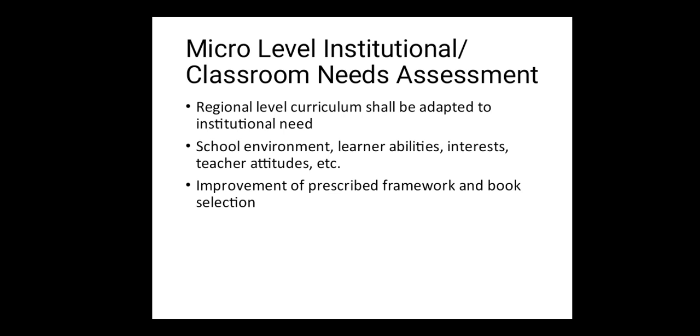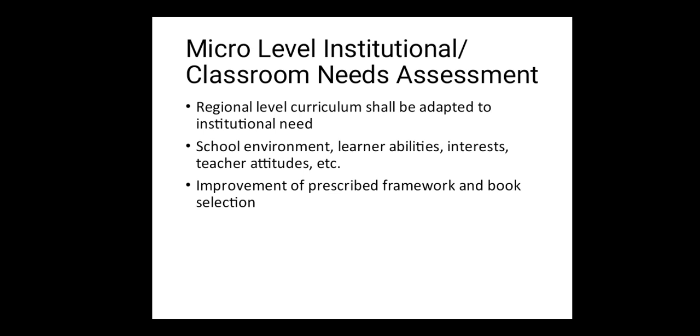So the nature of the school environment, and regarding the learner abilities, what type of learners are in a particular institution or in a particular classroom, their needs, their interests, their age level, etc., then teacher attitudes. All these are considered while this institutional level or classroom level needs assessment is done.